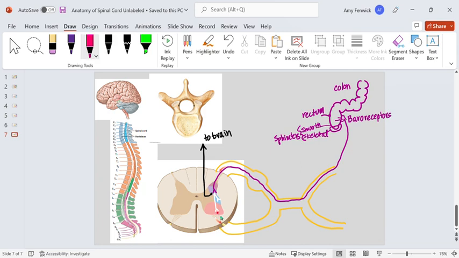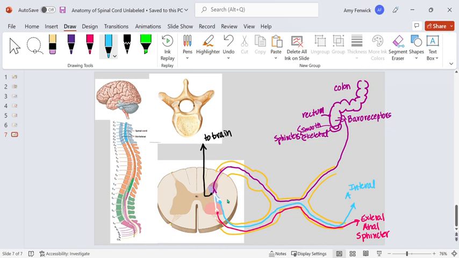So there's one neuron controlling the skeletal muscle sphincter, which is called the external anal sphincter. And that is waiting for your signal from your brain. There's another neuron here that starts here, travels out the ventral ramus, spinal nerve, ventral root, spinal nerve, ventral ramus, and this goes to the internal anal sphincter, which is smooth muscle.